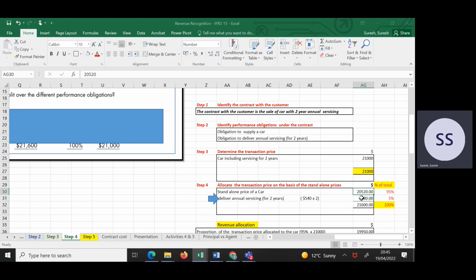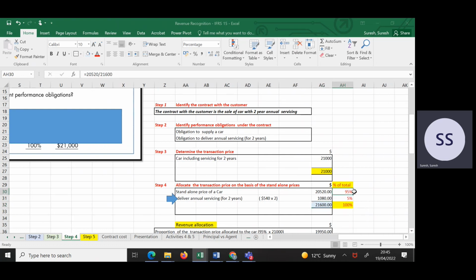Now I have a total of the standalone prices, right? So as a next step, I need to find the percentage of these standalone prices as against their total. For example, the standalone price of the car as a percentage of the total, 21,600, is 95%.